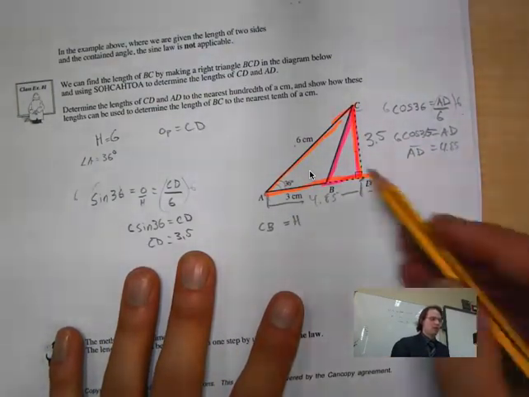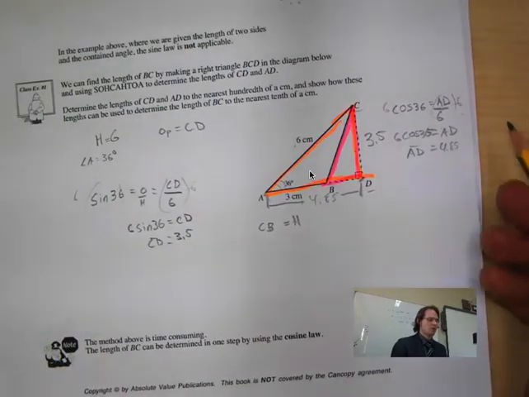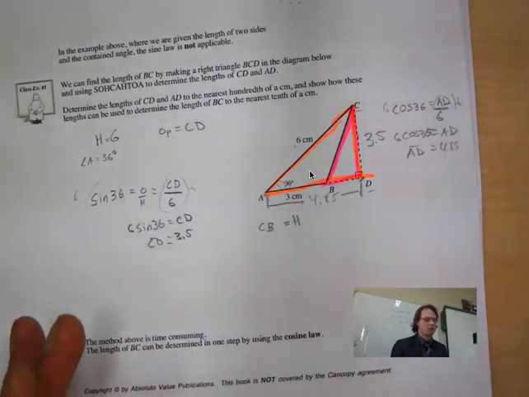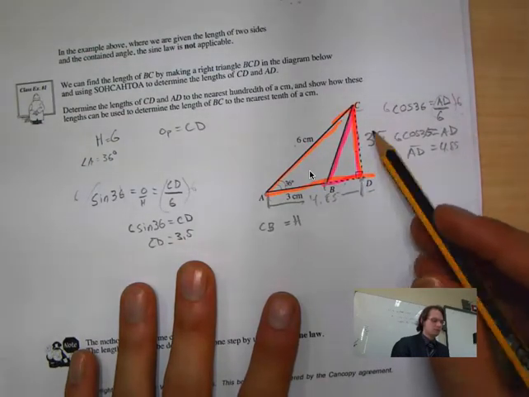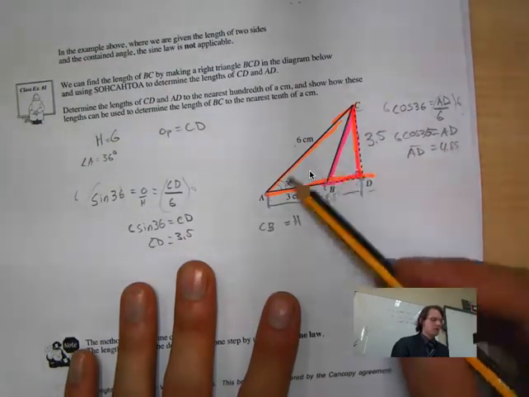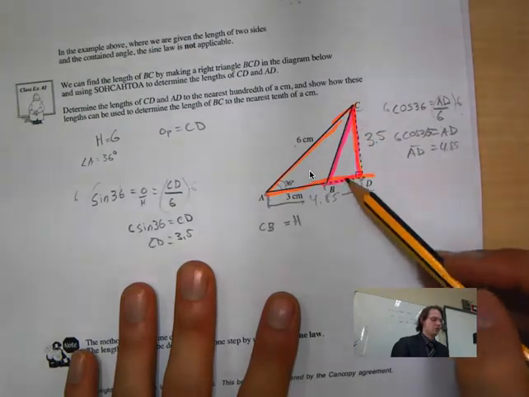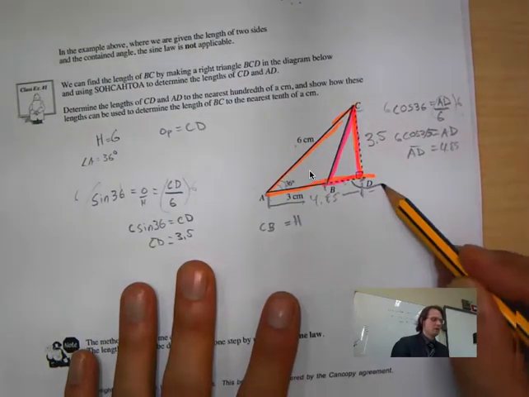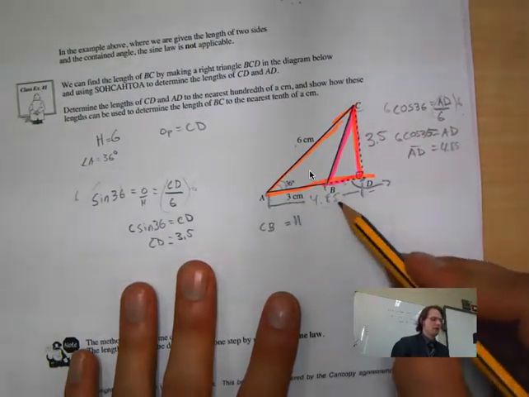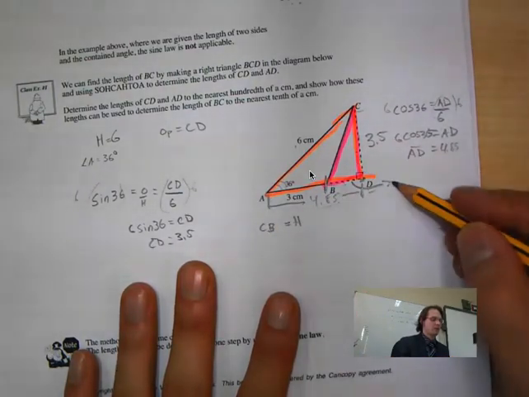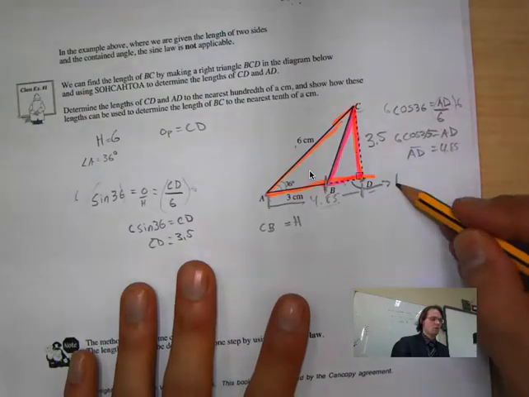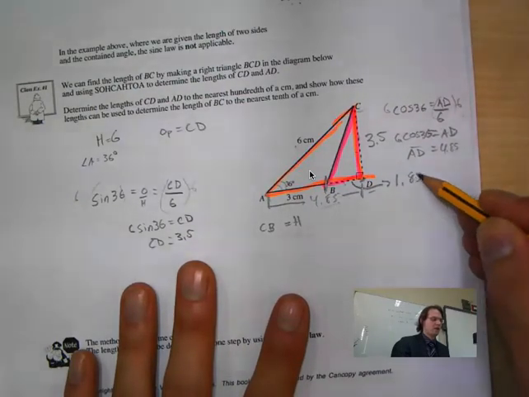And what do we know? There's two things we know here. I could even use the Pythagorean theorem, because we have to figure out BD. BD is going to be 4.85 minus 3, because 3 is from there to there, and this whole distance is 4.85, so that's going to be 1.85.